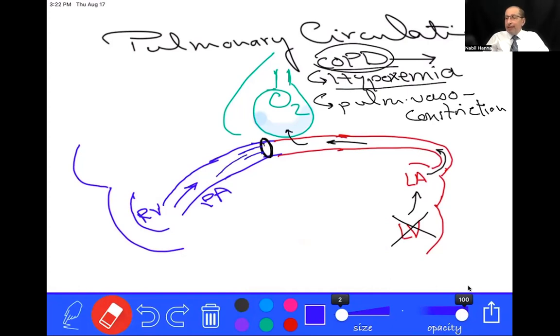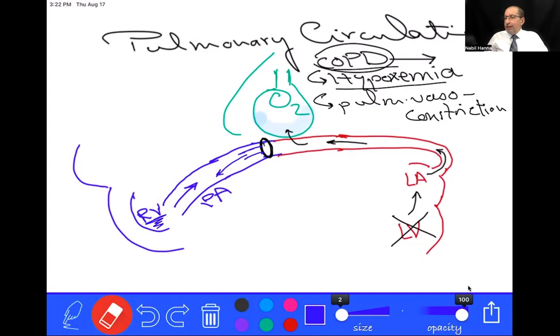This will result in back pressure affecting the right ventricle. So now the right ventricle will have to do more effort to push blood against the constricted pulmonary vessels, against the increased resistance of the pulmonary circulation.